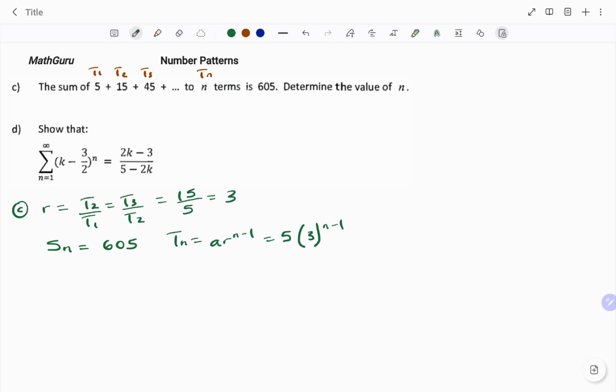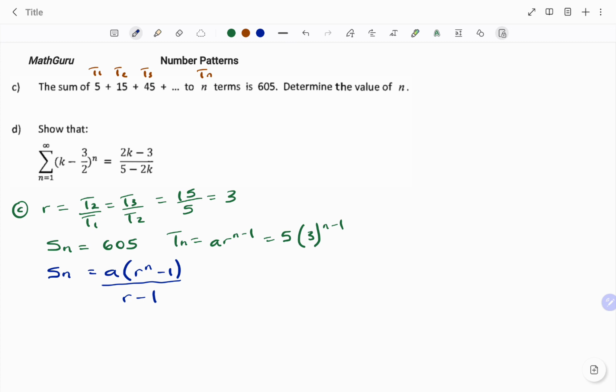The formula for finding my Sn for the geometric pattern, because the value of r is greater than 1, I'm going to use the formula Sn equals a, in brackets, r to the power of n minus 1, divided by r minus 1.